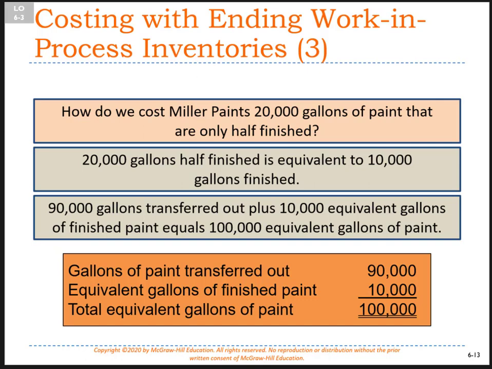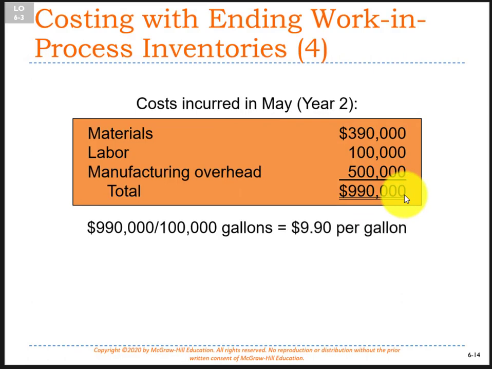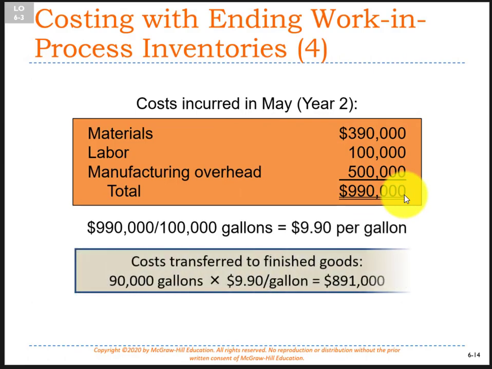So our total is still 100,000. We take our costs, direct materials, direct labor, manufacturing overhead, nice round numbers, add them up, 990, and we divide by the equivalent units, not the whole 110, but the 90 plus the 10, the 100, and we get $9.90 per gallon.